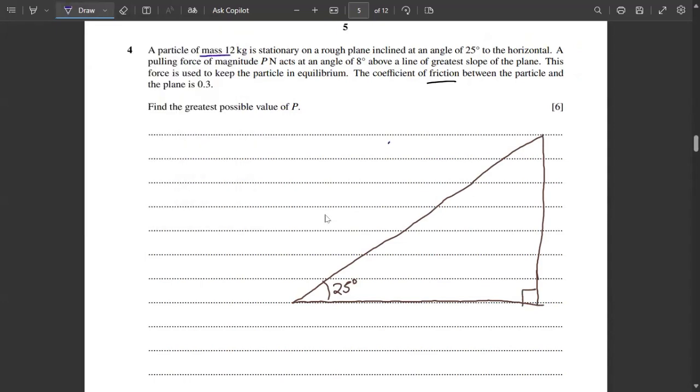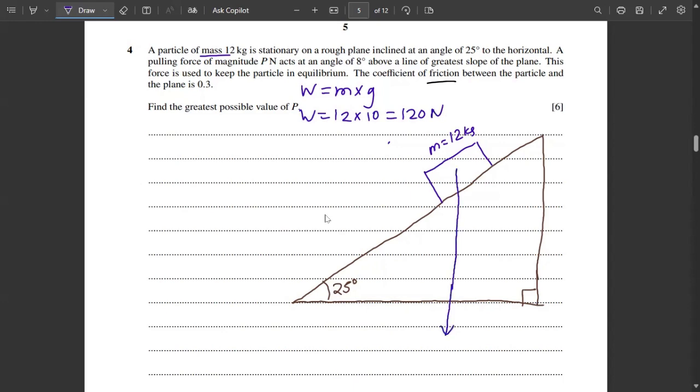Particle of mass 12 kg. So the mass is 12 kg. Weight equals mass into gravity. Mass is 12, gravity is 10, so weight will be 120 Newton. And weight always acts vertically downwards. This will be 120 Newton.